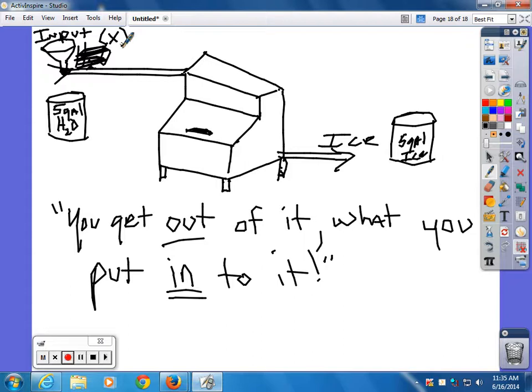X. Our output, we'll take the ice out and we'll put output. What is output in functions? Then what is this? This is the actual function. This is your 2x plus 3.